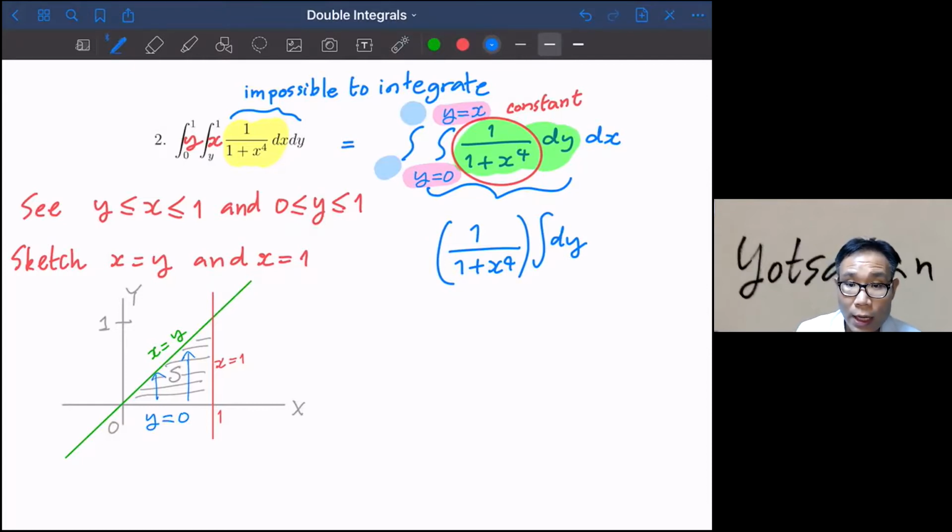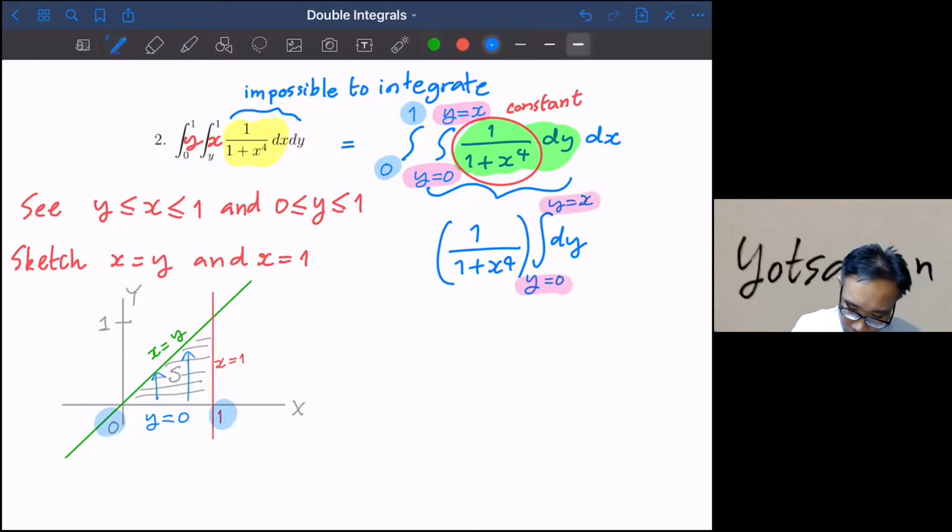And x is going to cover constants from 0 to 1. So x goes from 0 to 1. So you have y equal to 0 to y equal to x. So that's going to be the pink one.